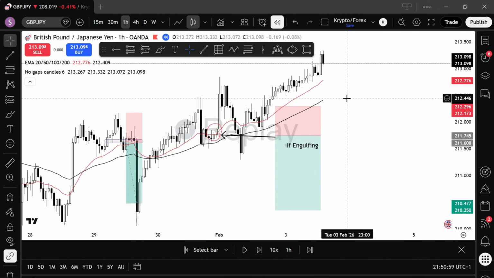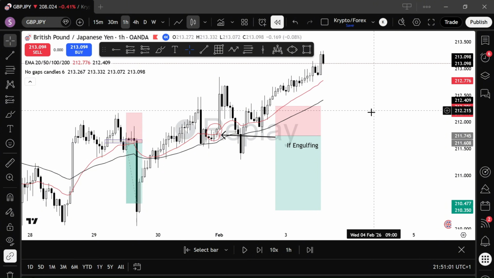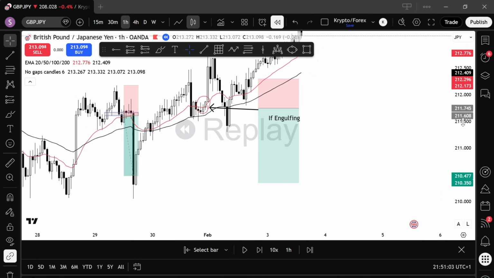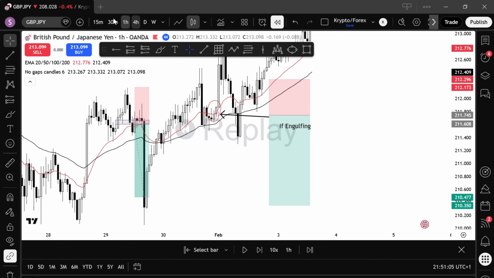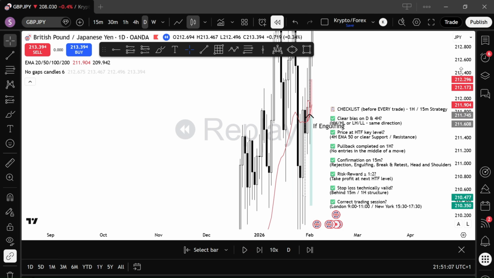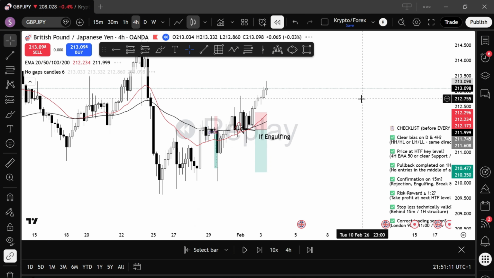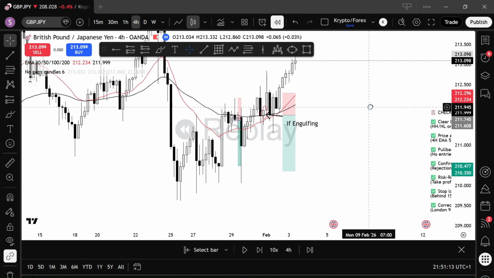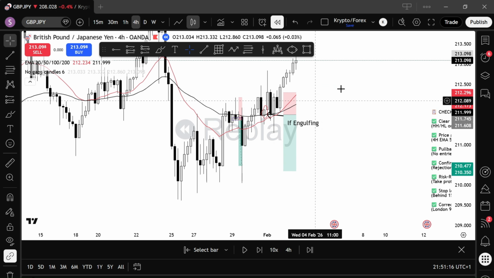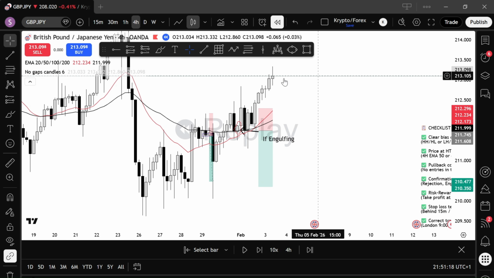Coming to GBP JPY, that was a trade that would have been a little bit more risky because on the daily we were in a downtrend right here, but on the 4-hour we were in an internal uptrend, as I said in the last video. And yeah, you can just ignore this trade.